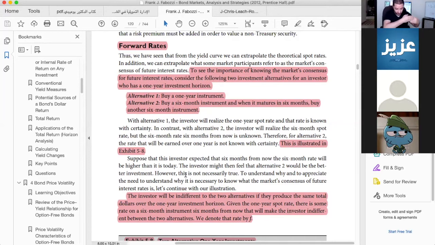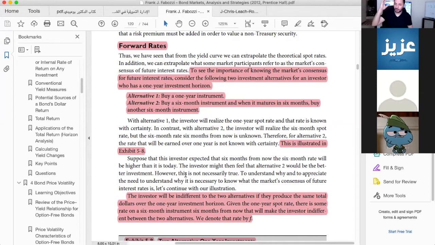My first investment would be 6 months, then I would have my money back, and I invest this money once again for 6 months. For the first one, I get $10 of gain. For the second one, I get, let's say, $15 per year. After 1 year, $15, right?